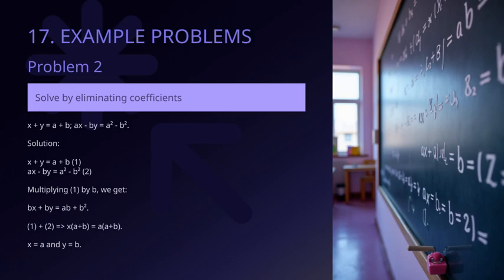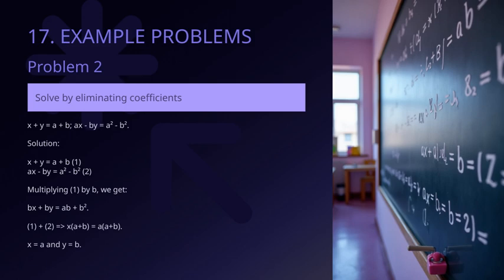Next, if we multiply the first equation by b, we transform it into an expression involving both x and y multiplied by b, which helps us prepare for elimination. Similarly, multiplying the second equation allows us to set up the system for elimination by aligning the coefficients. The goal here is to eliminate one variable to solve for the other.